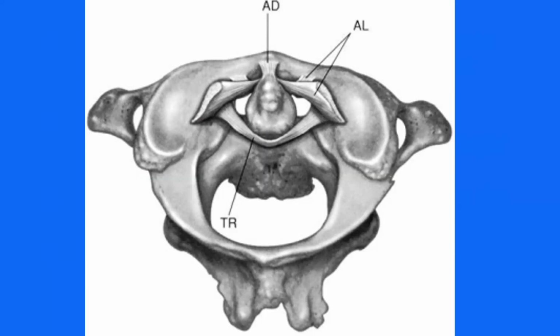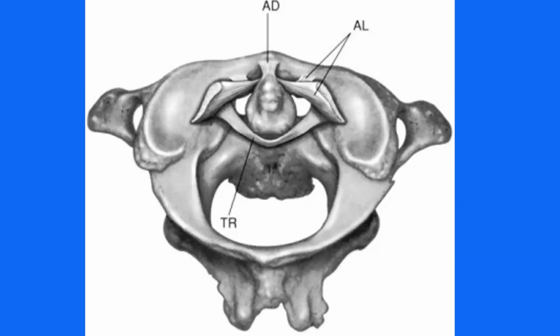You have a transverse ligament, you have an apical ligament, and you have an alar ligament that connects to the occipital condyles. The motion in this region is mainly rotation. We know that 50% of the rotation of the spine occurs at the level of C1, C2.